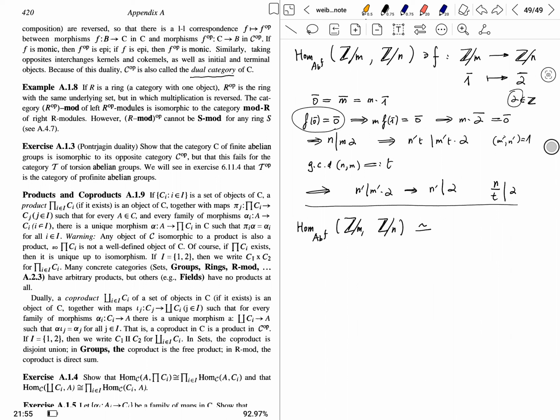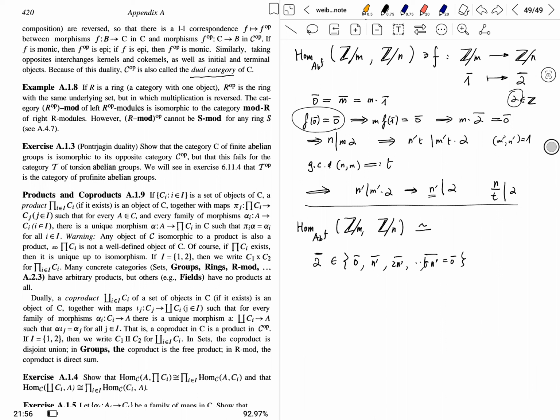So what is the choice of your alpha? It must be divisible by n', and t n' is already n.